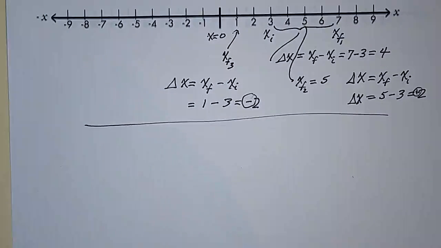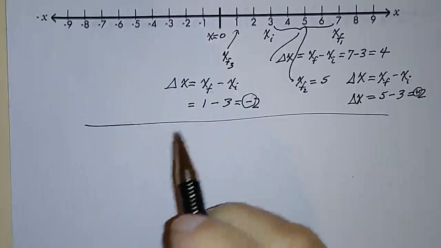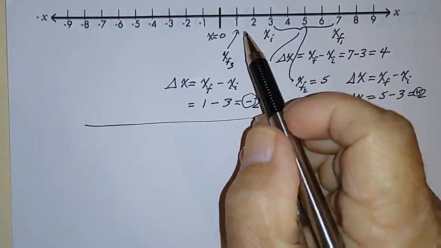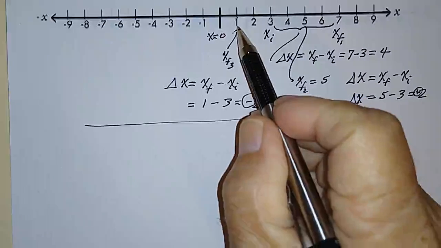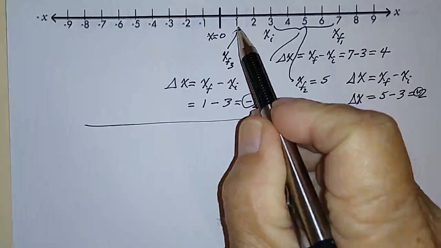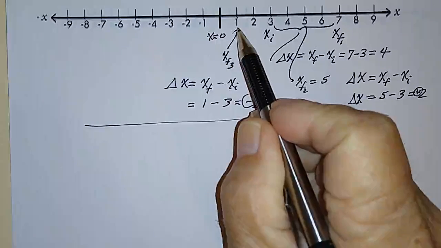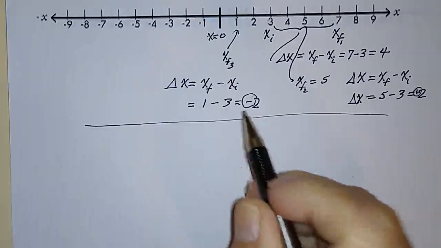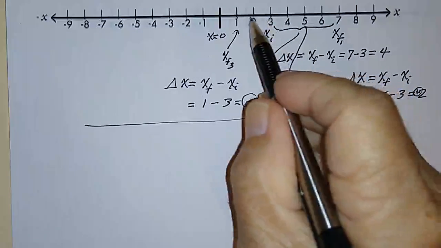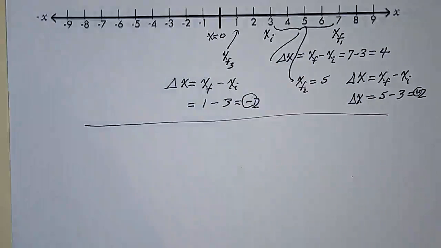There is one additional thing I wanted to mention while we still have this diagram here, namely that just because I ended up at this position, position number 1, which is a positive number, the displacement is still negative. In other words, it's the displacement from the starting position, which is in the negative direction.